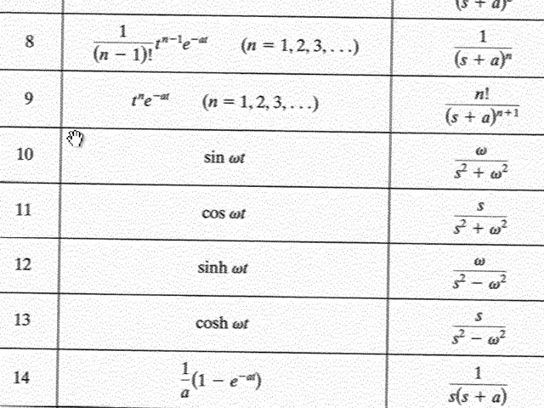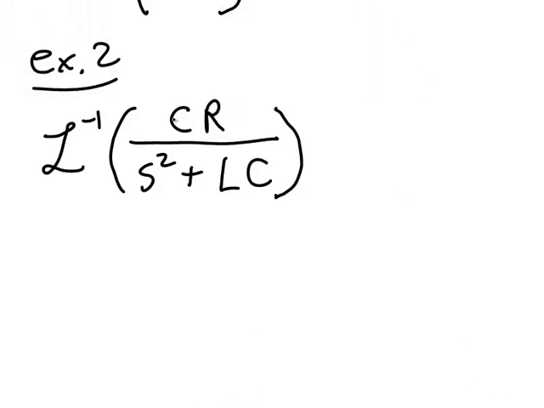However, in line 10 of the table, the numerator is equal to the square root of the constant that's in the denominator. In our problem, the numerator is not the square root of the constant. However, could we make it so that the numerator is the square root of the denominator?